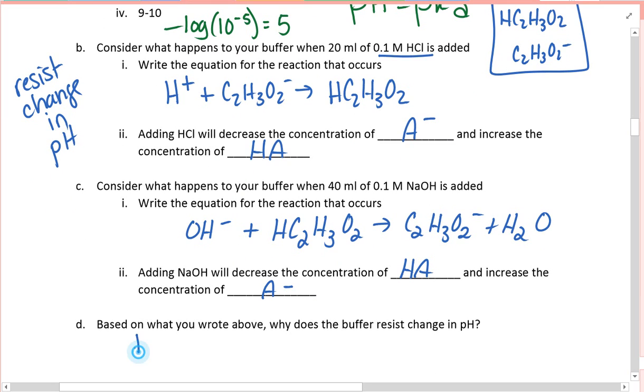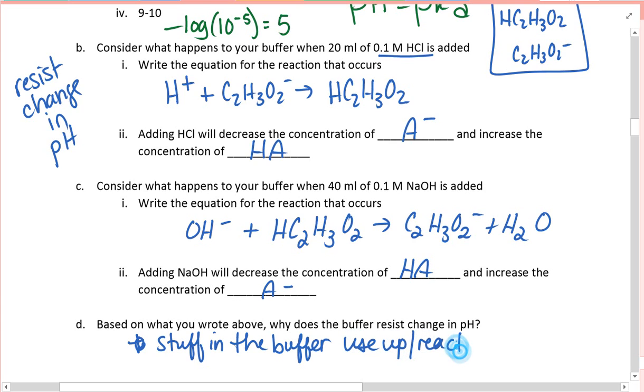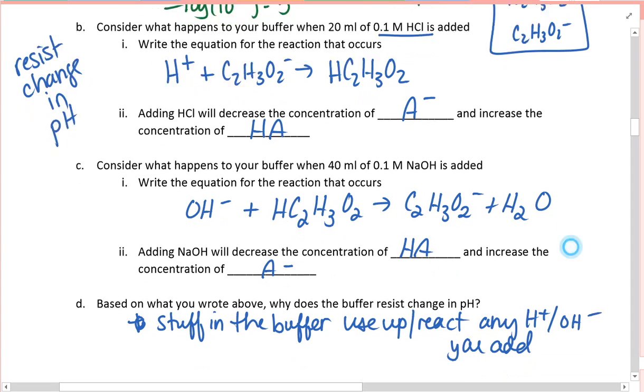Because one way of phrasing it is the stuff in the buffer is able to use up or react any H plus or OH minus that you add. And it's those freely floating H pluses and OH minuses that affect the pH. So if you can remove those from the solution, then your pH is not going to change by very much. So that is how buffers work.